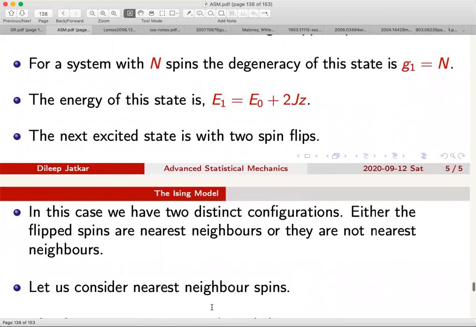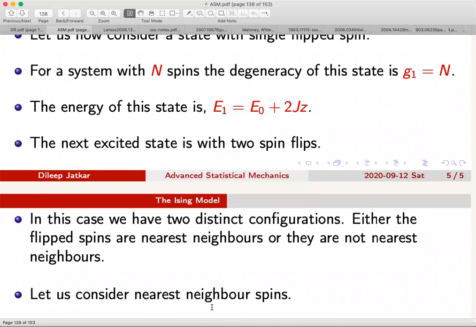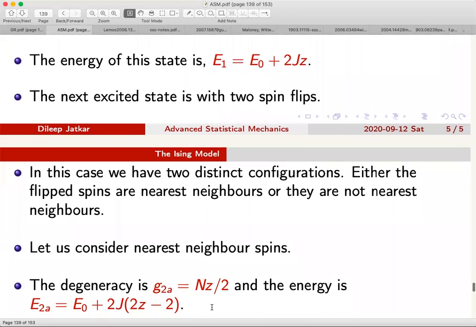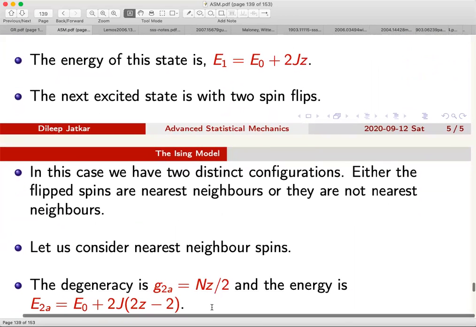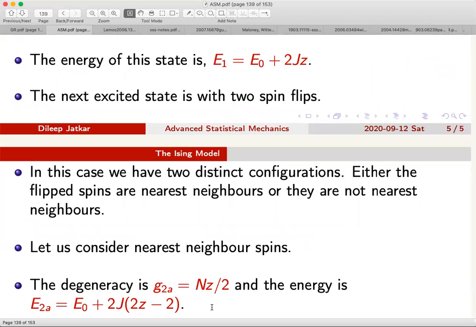So let's consider that they are nearest neighbor spins. If they are nearest neighbor spins, then we are looking for a pair of adjacent spins which are pointing in the opposite direction. That would correspond to a degeneracy which is given by N times Z by 2.